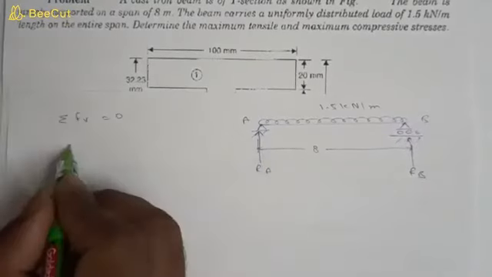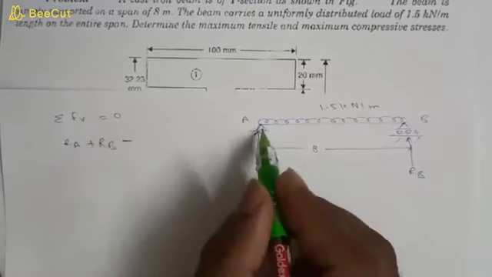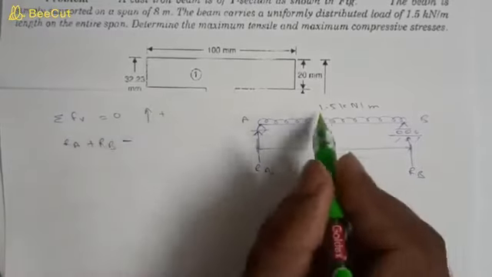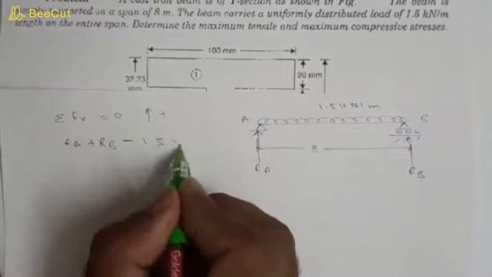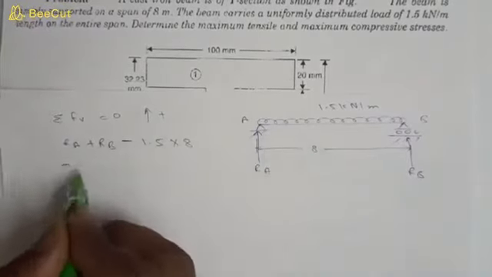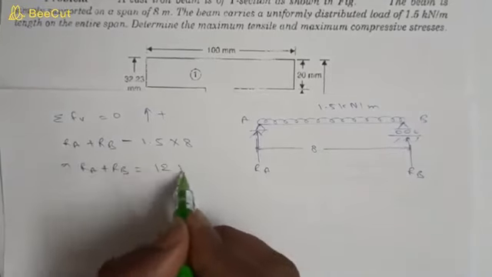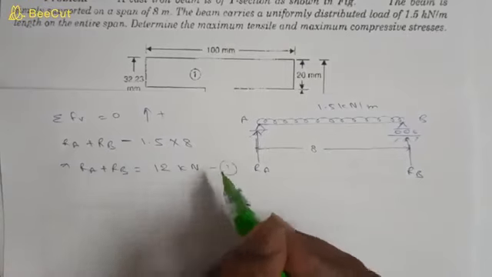Taking upward as plus, the downward force is 1.5 into the total length 8. So RA plus RB is equal to 12 kN. This is equation number 1.